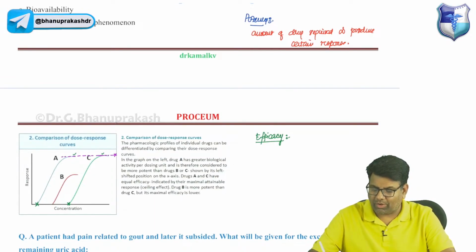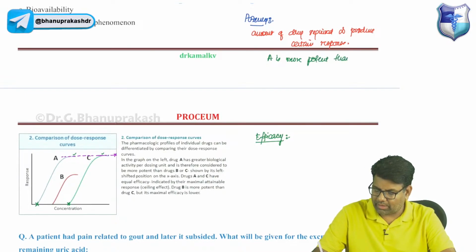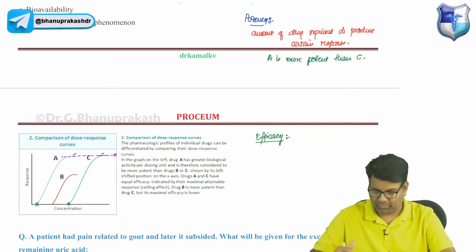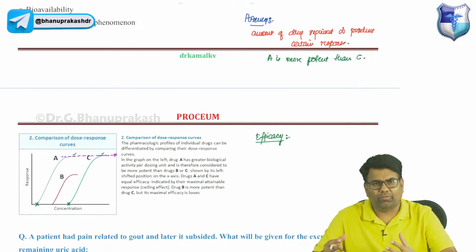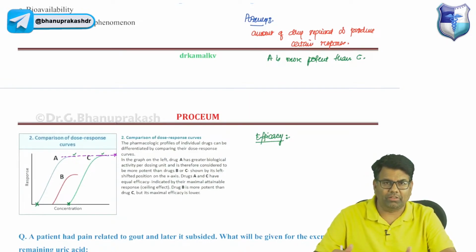So the amount of drug required to produce certain response is known as potency. And in this case, you can say that A is more potent than drug C.